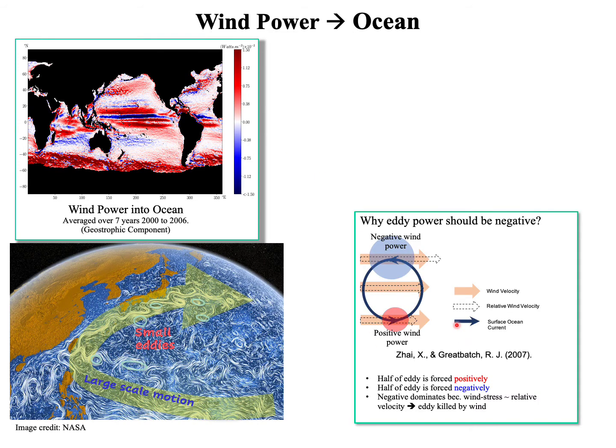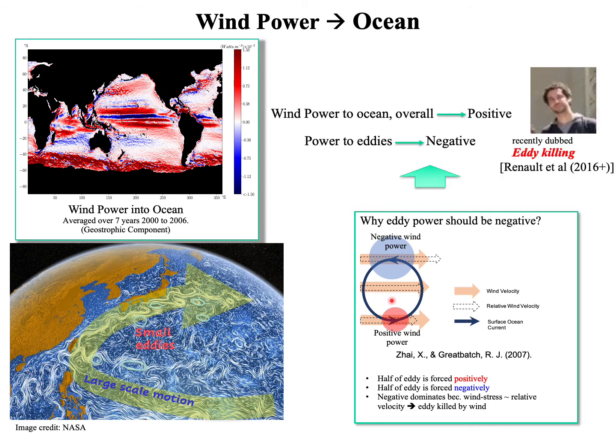It's been appreciated for a while now. Here I mention an important work by Zhai and Greatbatch in 2007, that circular eddies are expected to be killed by wind, to be depleted of energy, by a simple argument that I'm not going to go into. You can check the reference. This process has been dubbed eddy killing by Renault, who has also done very important work in this domain.